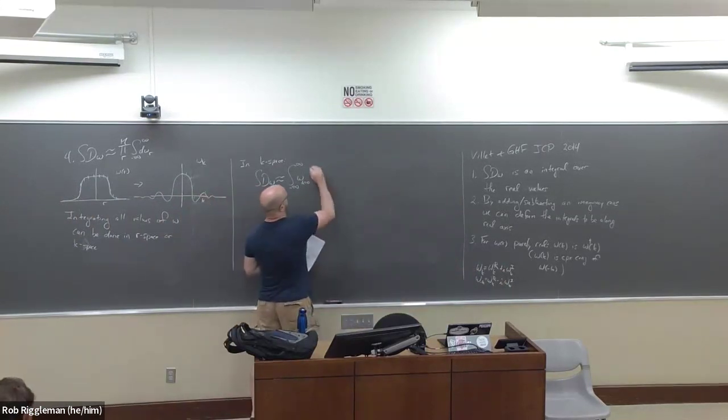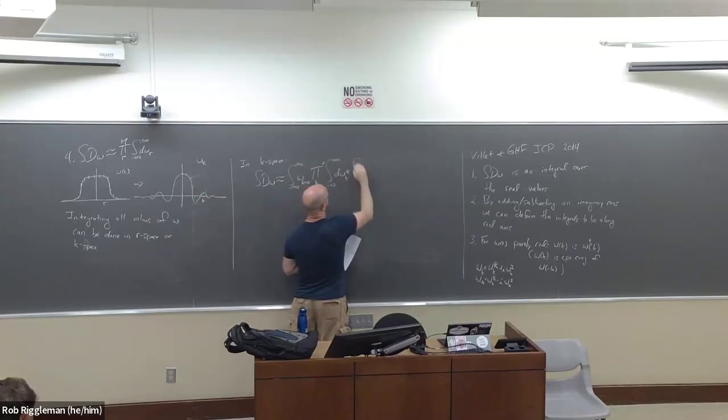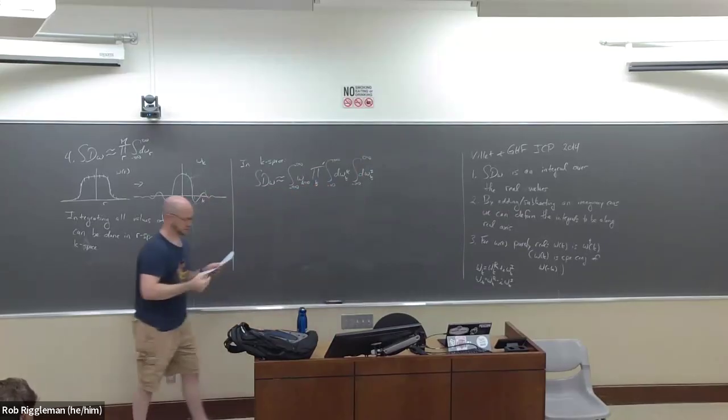So then we multiply by weight vectors, the WKR minus infinity to infinity, the WKI minus infinity to infinity.